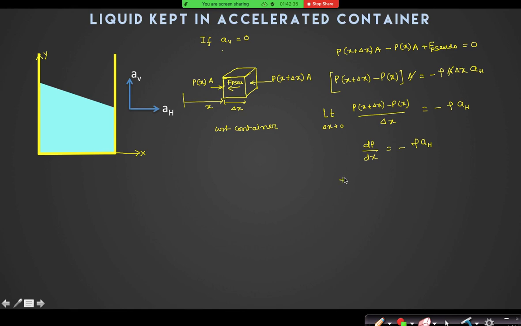You should remember here that pressure decreases in the direction of acceleration. Right? dP by dx equal to minus rho AH. Okay. So here also we can find this angle theta from this calculation if you want.